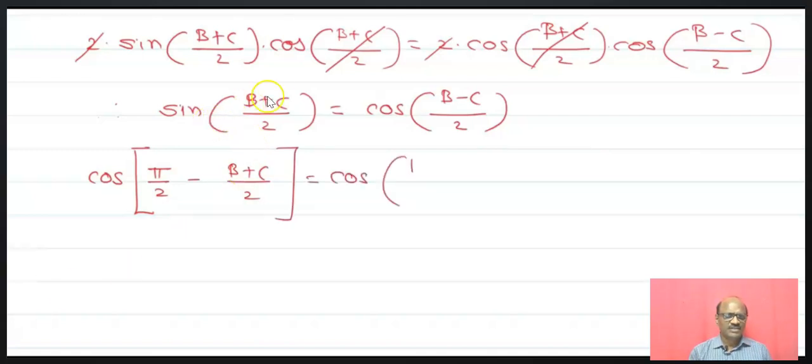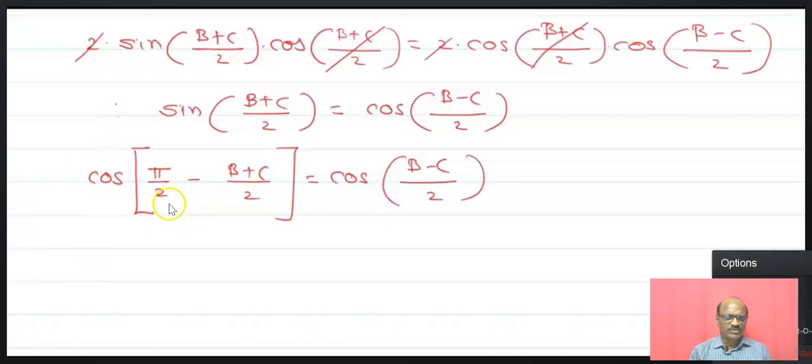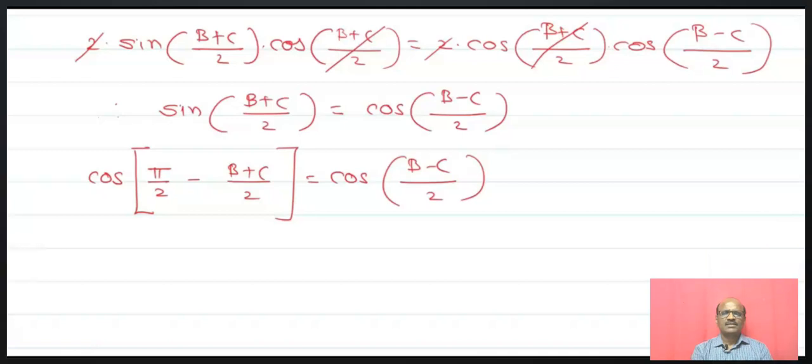In the same way, sine of (b plus c) upon 2 can be written as cos of (pi by 2 minus (b plus c) upon 2), that is 90 minus theta, equal to cos of (b minus c) upon 2. Now on both sides there are the same trigonometric ratios. It means that though the angles are different, they must be equal here. Therefore, we write pi by 2 minus (b plus c) upon 2 is equal to (b minus c) upon 2.